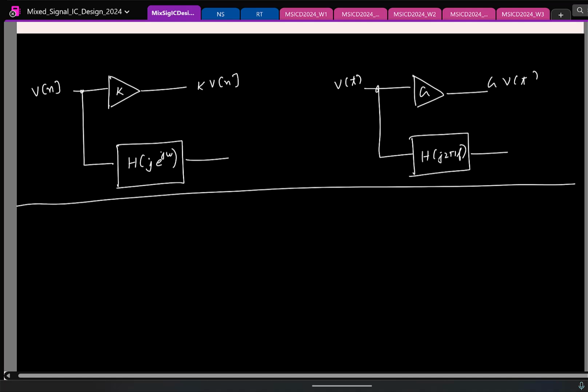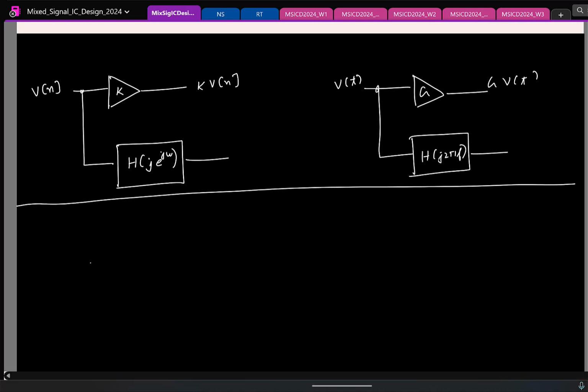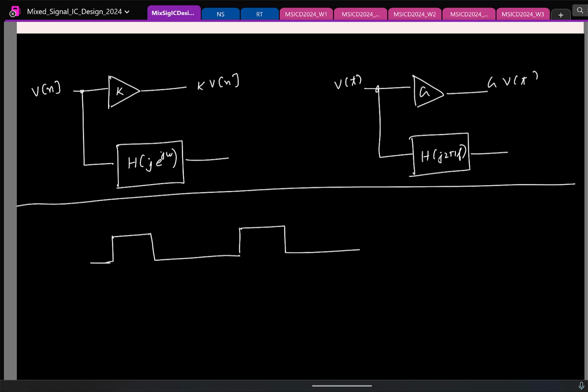Let's say this is my clock. I am looking at two clock phases, phi 1 and phi 2. Now in practice, a switched capacitor circuit can have more than two clock phases, but let's stick to two of them. Throughout this course, we follow the notation that the sampling instant is the falling edge of phi 1.